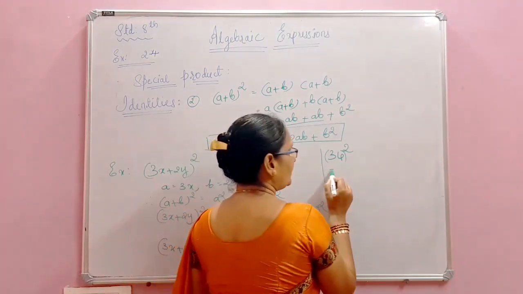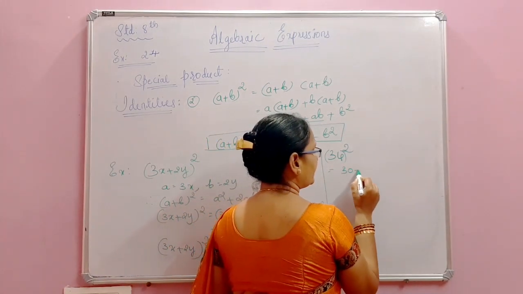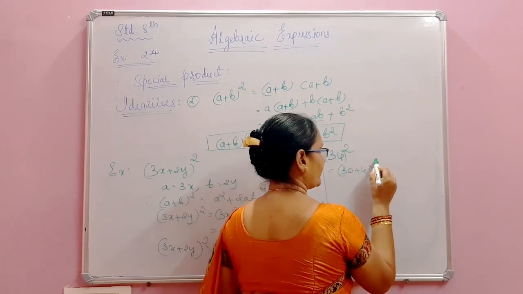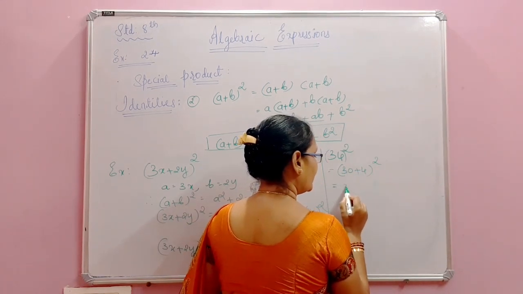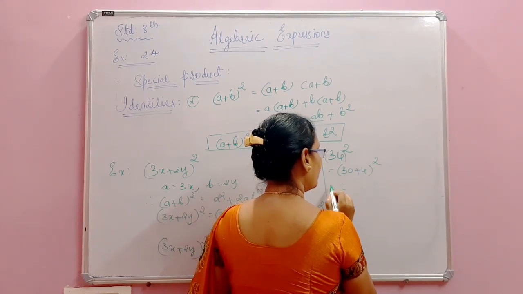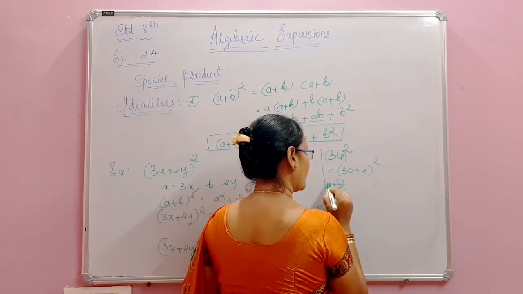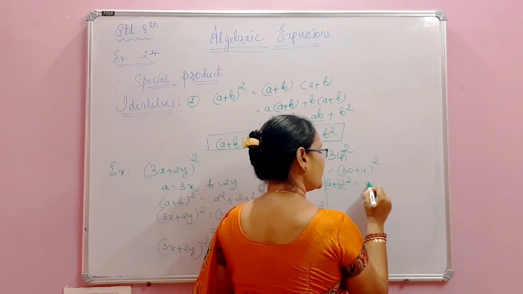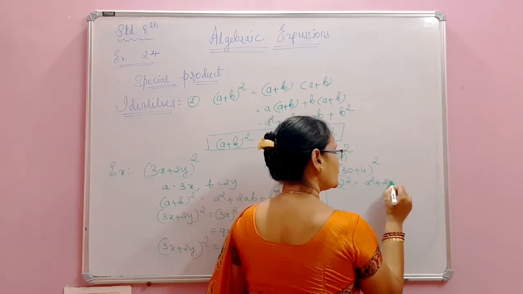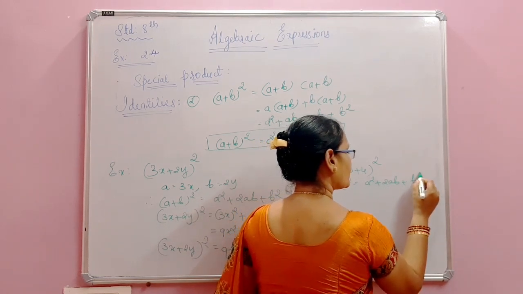See here, 34 can be written as (30 + 4)². This is nothing but (a + b)². Every time you have to write the identity: a² plus 2ab plus b².